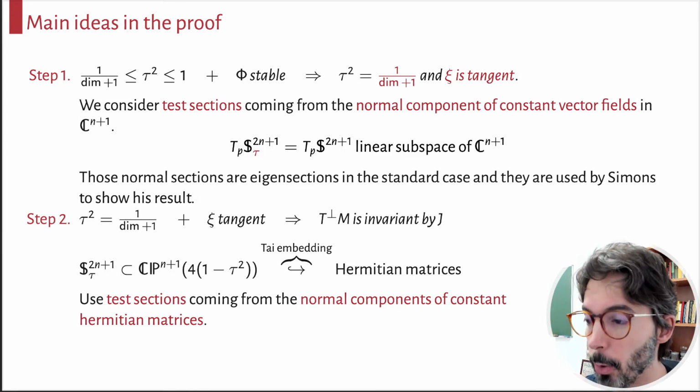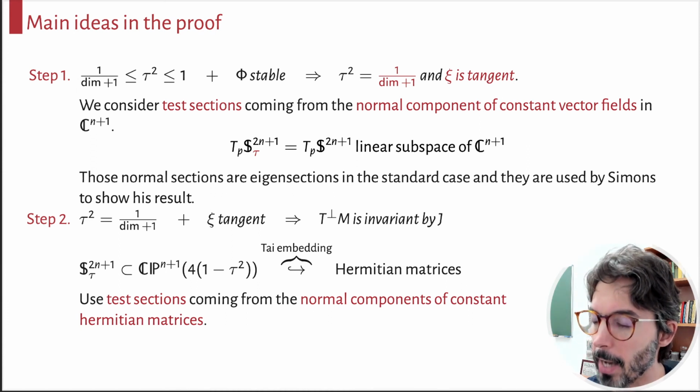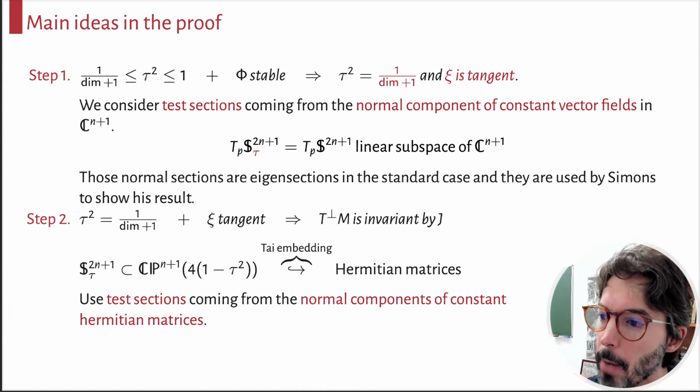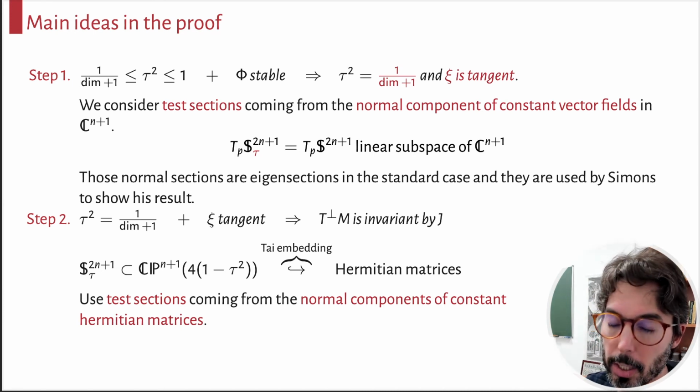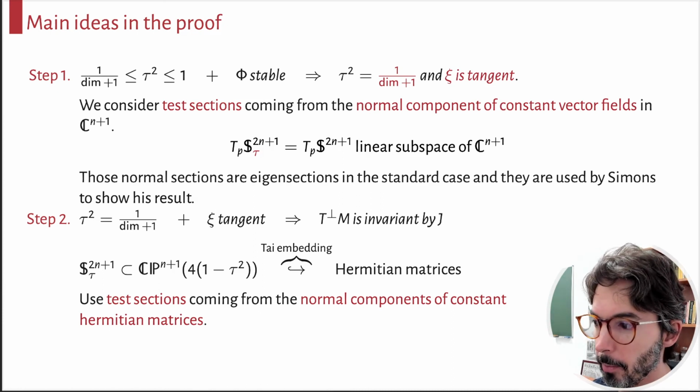And complex projective space can be considered as isometrically embedded inside the space of Hermitian matrices, which is nothing but Euclidean space, using the well-known Tai embedding.